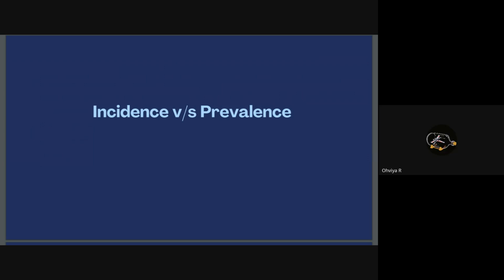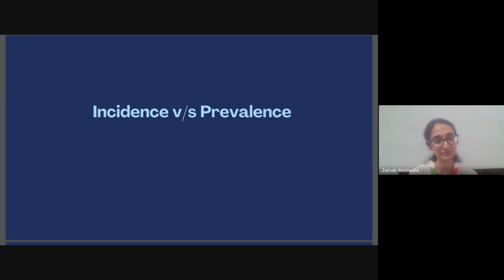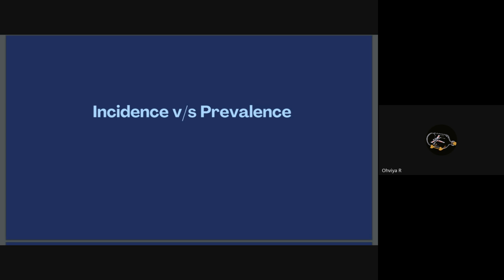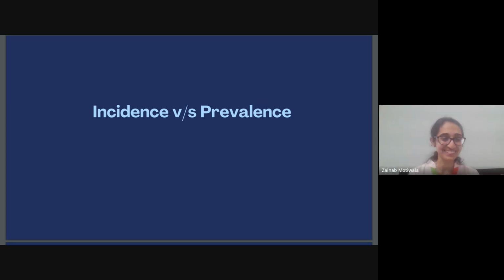So whenever we are calculating incidence, people who are already counted in the prevalence of the disease still get included in the population at risk. Is that right? Yes. Okay. All right. Thank you. Great question.